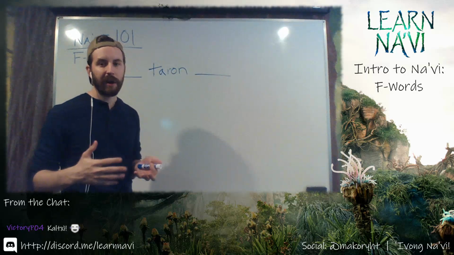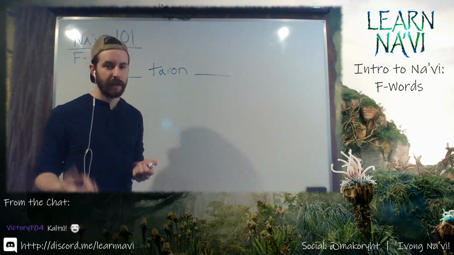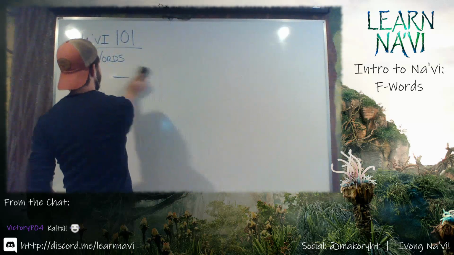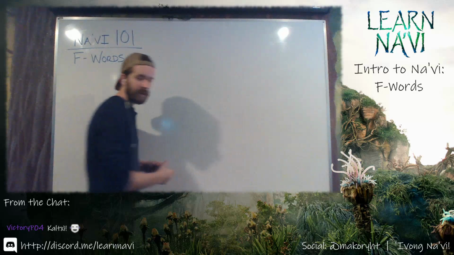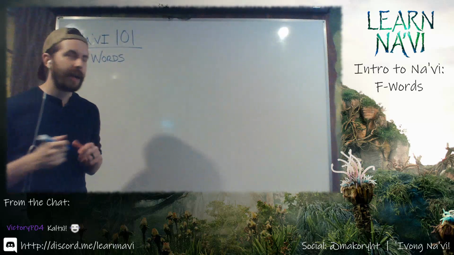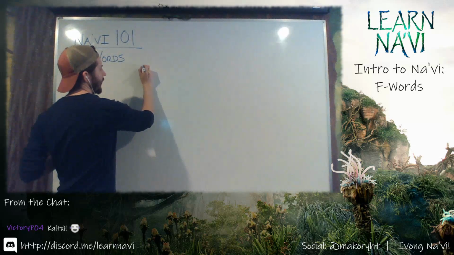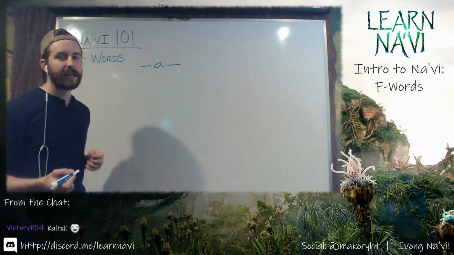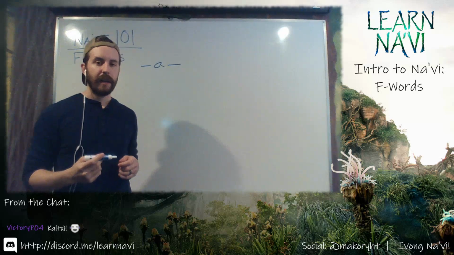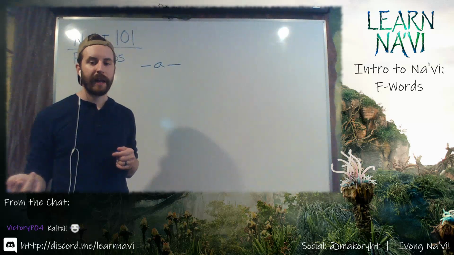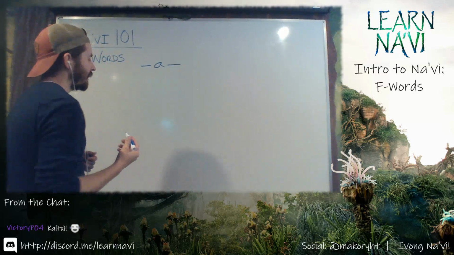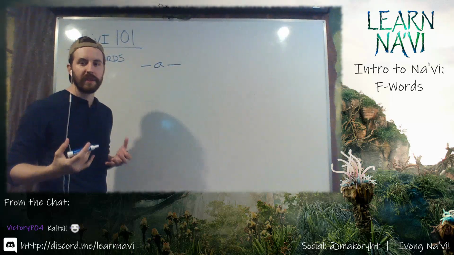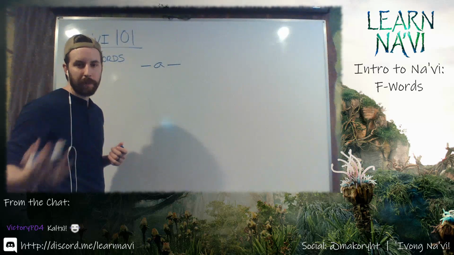Let's talk about what they are and how they're constructed first, and then we can get into how to use them. If you have been with us for a little bit, in one of our lessons we talked about the attributive particle a, which goes on the front or back end of adjectives and allows them to modify a noun. Well, our F words are going to take this a and use it as the actual particle.